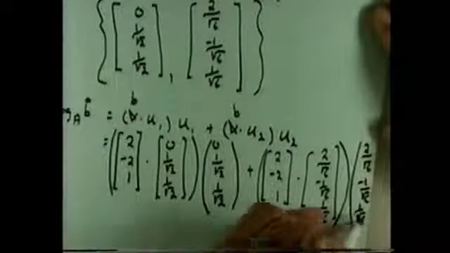So it'll be plus now B again, which is 2, negative 2, 1, dot U2, which is 2 over the square root of 6, negative 1 over the square root of 6, 1 over the square root of 6, and U2, 2 over the square root of 6, negative 1 over the square root of 6, 1 over the square root of 6.